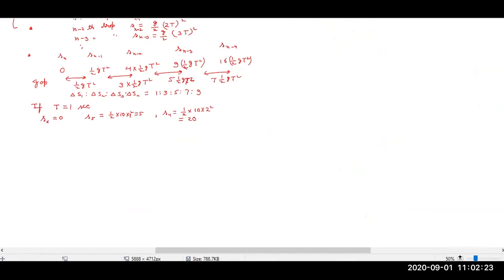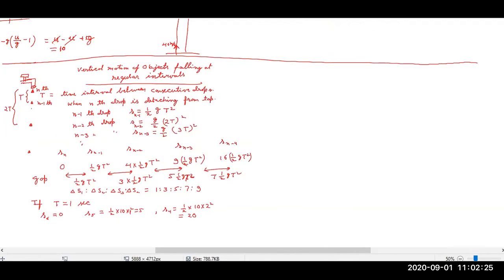See what is happening: we have a tap and the water drops are falling at regular intervals of time t. If the nth drop is about to fall, the n minus 1 drop is in the air, then the n minus 2 drop is also in the air just below the n minus 1.